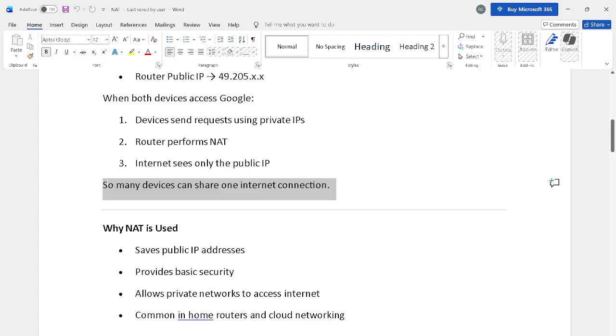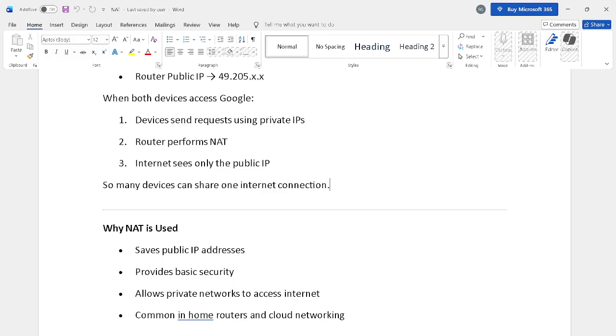So in a private network we can have multiple devices, right? Like when we are in an office network, we have many network connections, many laptops, many IP addresses. Those are private IP addresses.